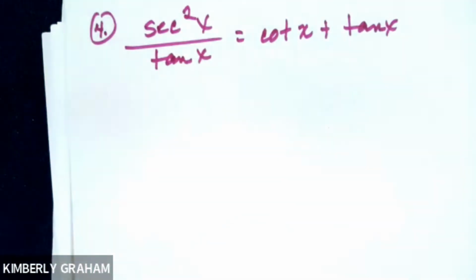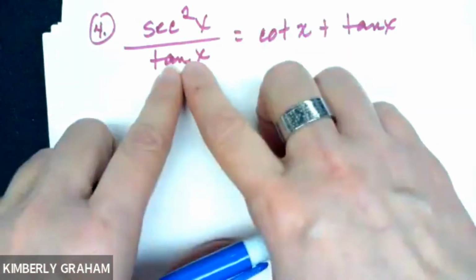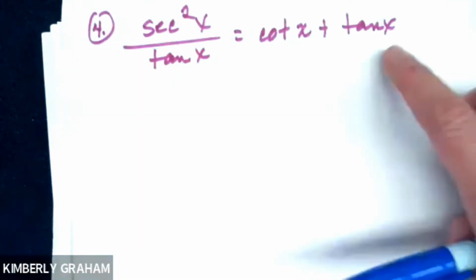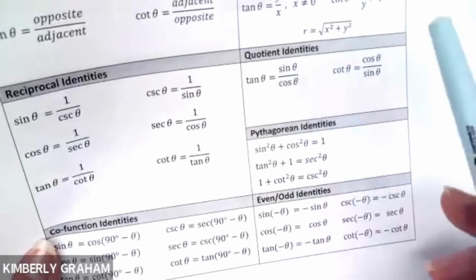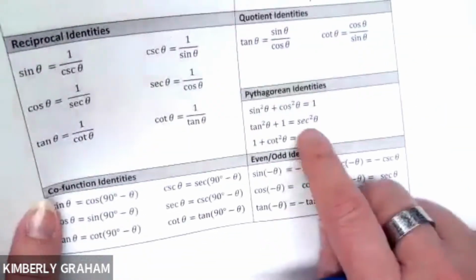Remember, terms are things that are numbers and variables that are being multiplied or divided. Terms are separated by addition and subtraction symbols. So I'm going from one term to 2 different terms. Your reciprocal identities and quotient identities don't do that, but the Pythagorean identities do.